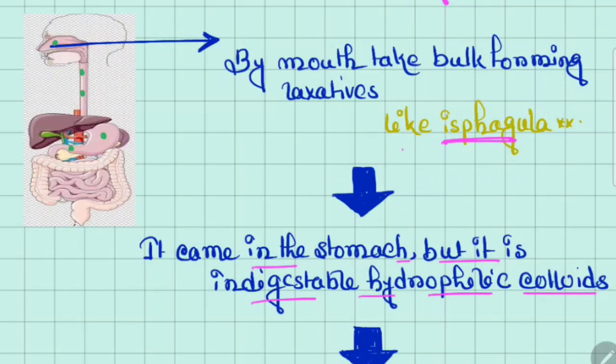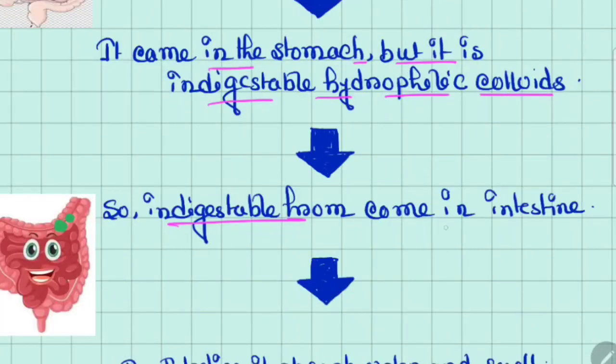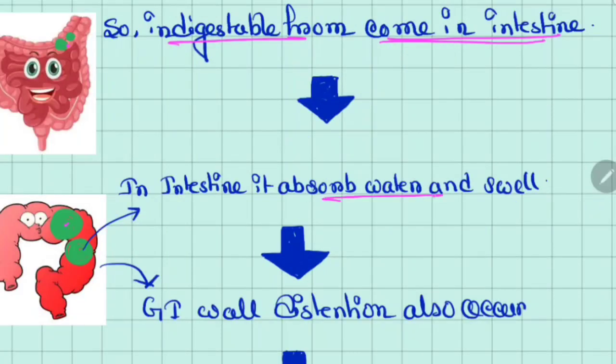It is not digested in the stomach, so it comes into the intestine. In the intestine, as these bulk laxatives are indigestible hydrophilic colloids, they absorb water and swell up.